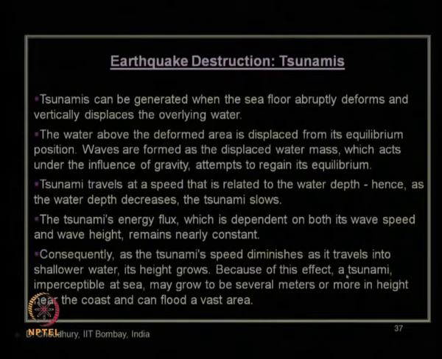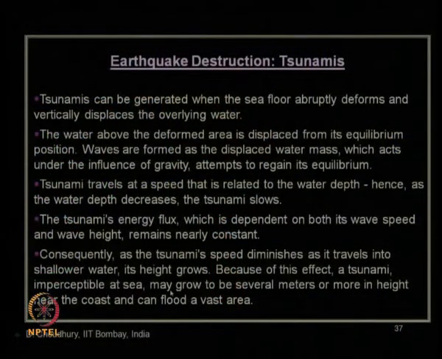Because of this effect, a tsunami which is imperceptible at sea, sometimes cannot be seen at deep sea level because it has a high speed but no perceptible height, may grow to several meters of height or more when it comes near the coast or shore, and can flood the entire area.